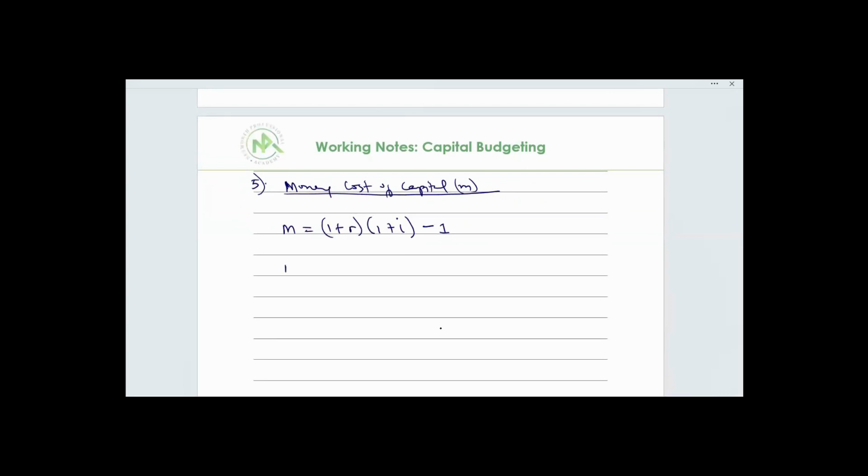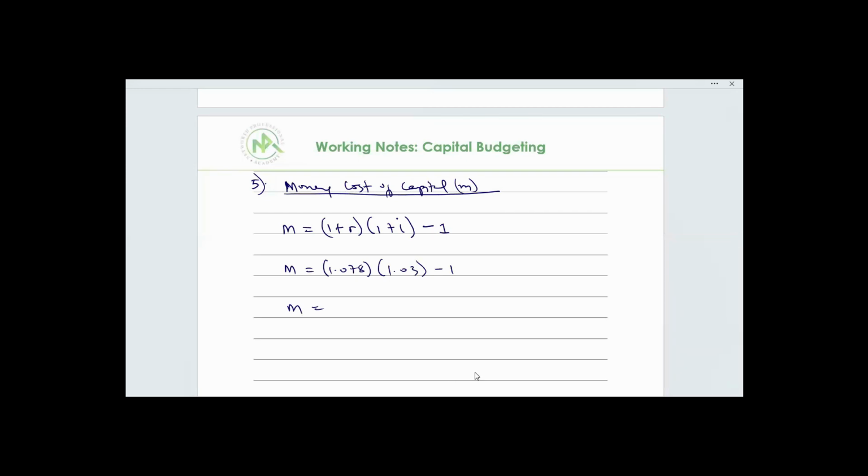So M equals 1.078, the general inflation rate is 3%, so 1.03, minus 1.